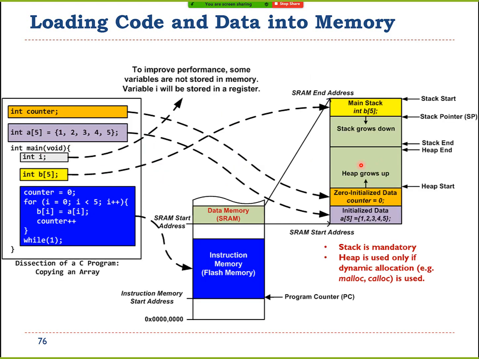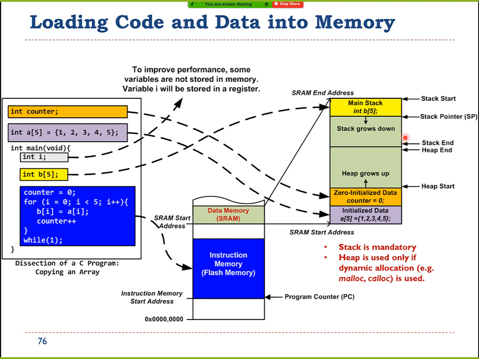Okay, so there are different parts in the SRAM as well. There is a zero initialized data section in the memory, and another section for the initialized data. These are different types of data. And then we also have a stack in our memory.